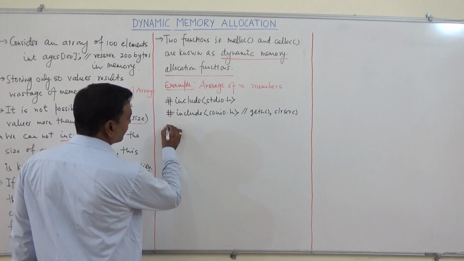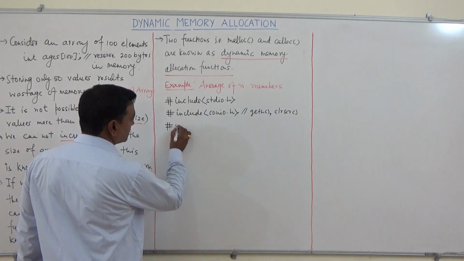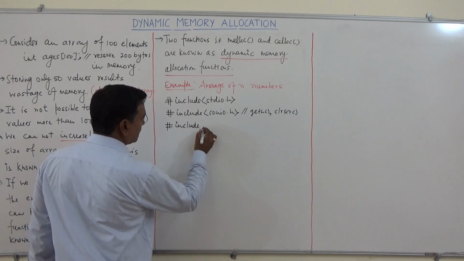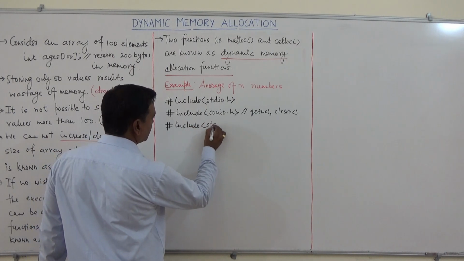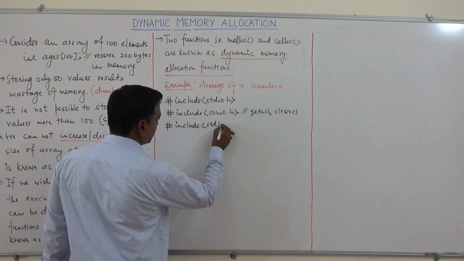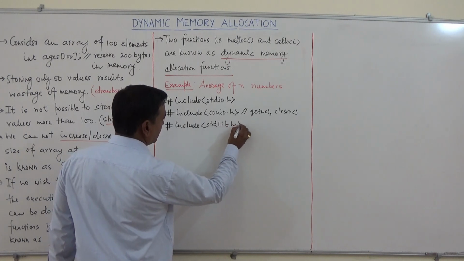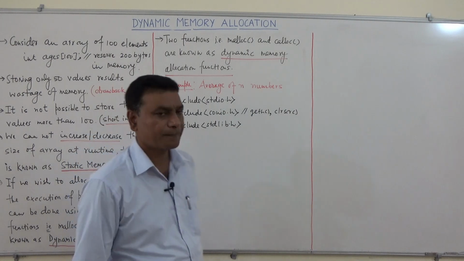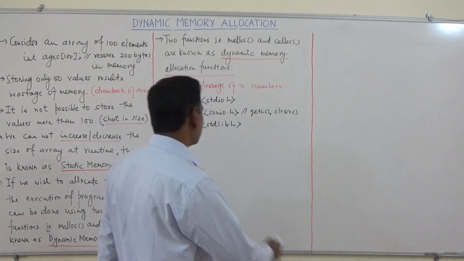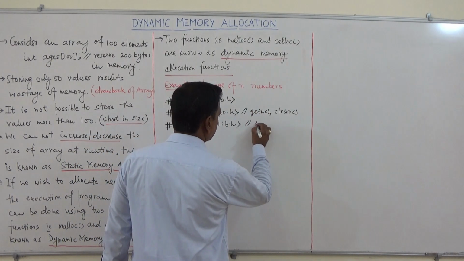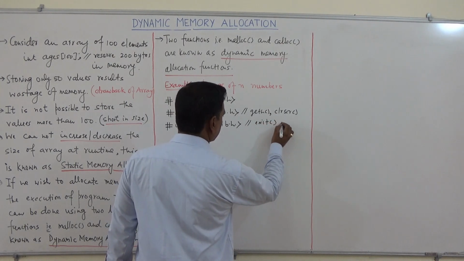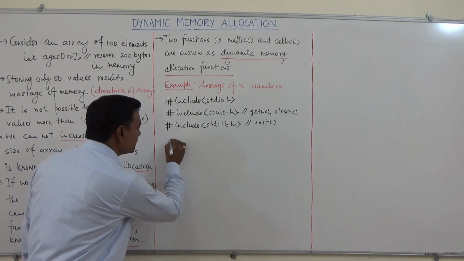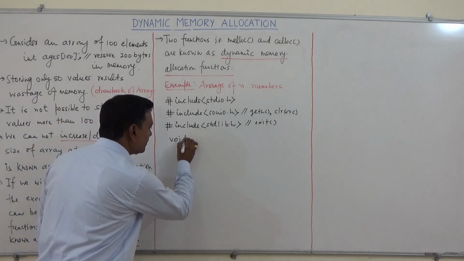Then we will use another important header file, stdlib.h. It is the standard library header file, and it includes functions like exit.